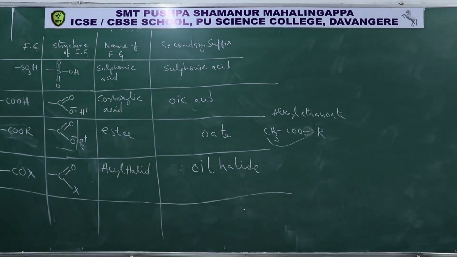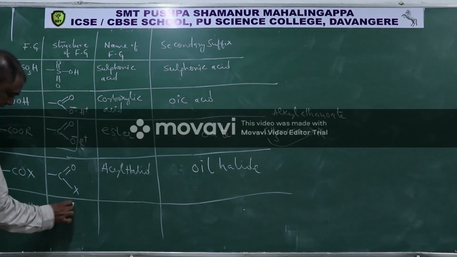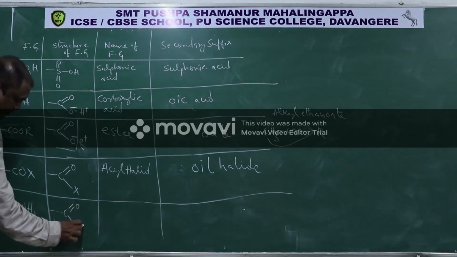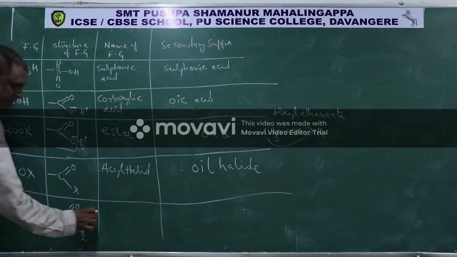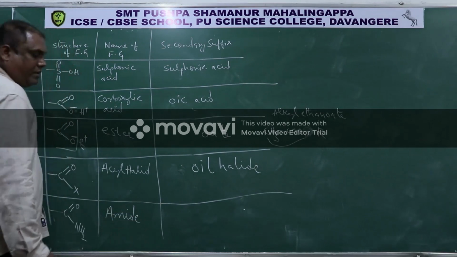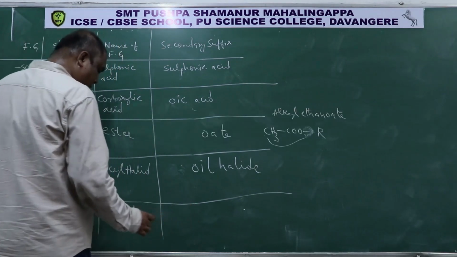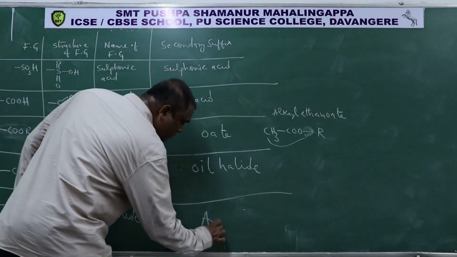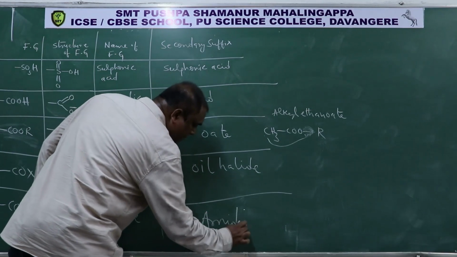Then functional group is CONH2. Structure is C double bond O NH2. Functional group name is amide. Then secondary suffix is also amide.